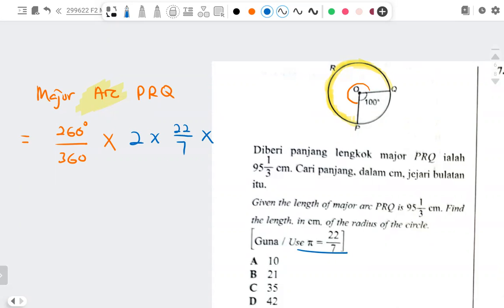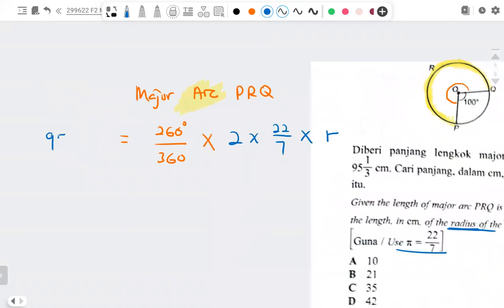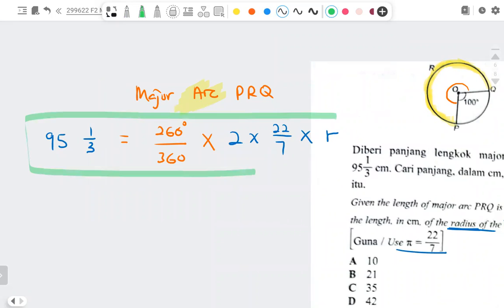Radius we don't know because we want to find the length of the radius, so we just put back the letter R. And the given answer is 95 and 1/3, right? Okay, we formed the equation already, this part. Based on this equation, we can proceed to find out the length of radius.